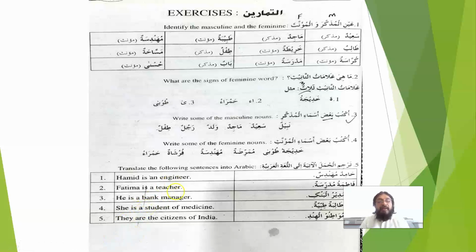I don't say all these 5 would come in the examinations, but many of them can come, 2, 3, and sometimes 1 is also possible to come. But this page is very, very important.